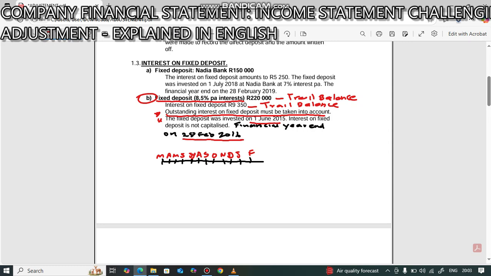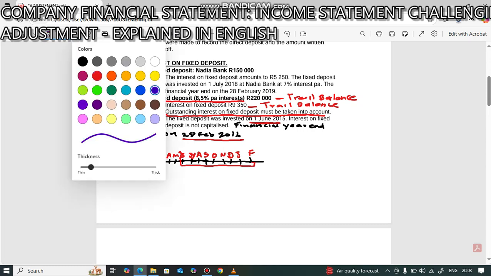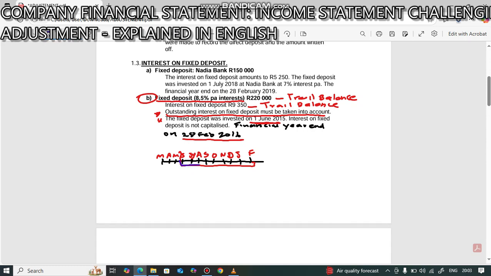Now let's take the month where the business invested 220,000 in the fixed deposit. They said they invested on the 1st June 2015, so let's go straight to the 1st June. Now let's calculate how many months we are supposed to receive the interest for.